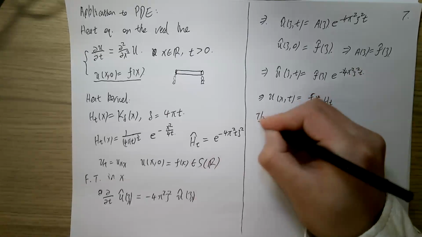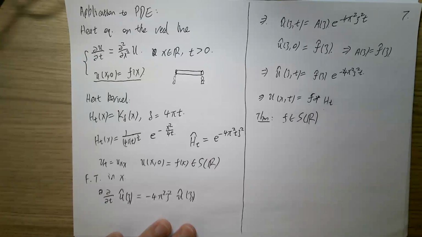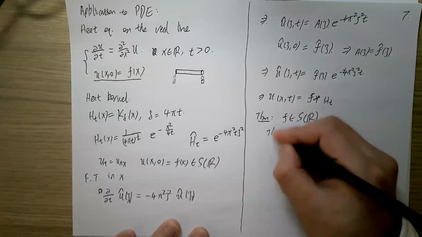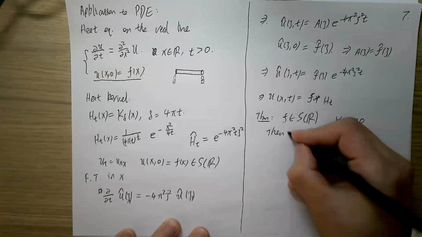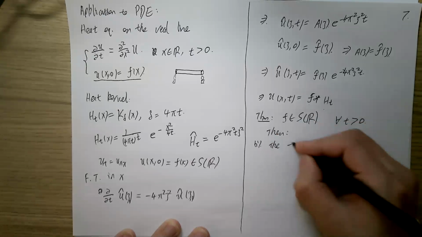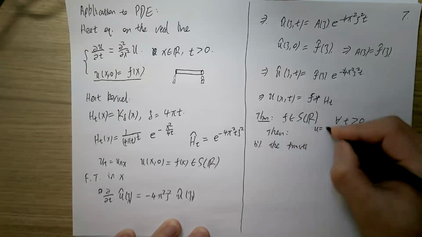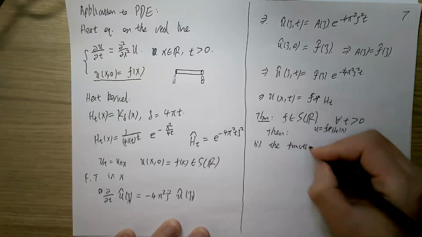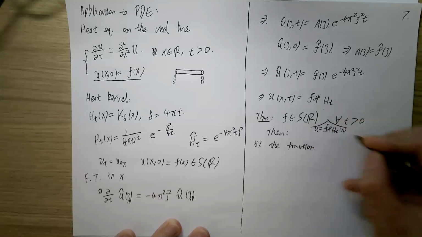This is a theorem. Let's say f is in the Schwartz space, then for any t greater than 0, we have the function u equals f convolved with H_t.